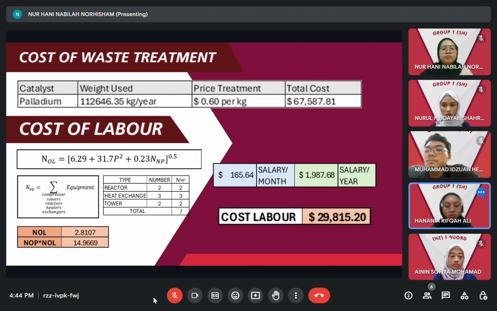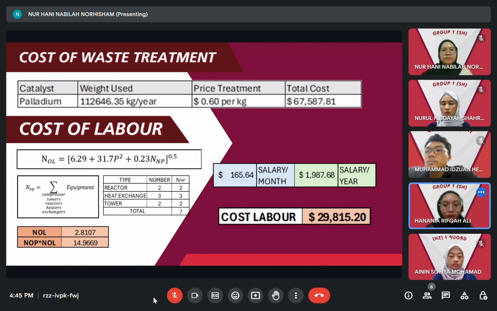So for the cost of labors, we decided to operate the plant for 51 weeks and 5 shifts per week. That means we got 3 shifts per day and 5 operators per shift. So for a day, we got 15 operators. To use the formula of NOL, we have to find NNP, which is the sum of equipments which are reactor, heat exchanger, tower, equal to 7.